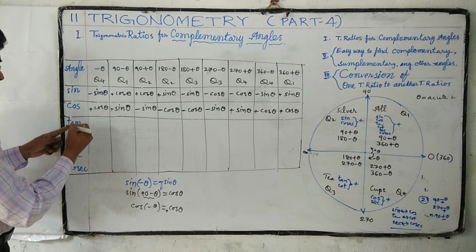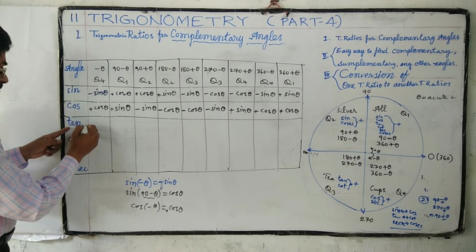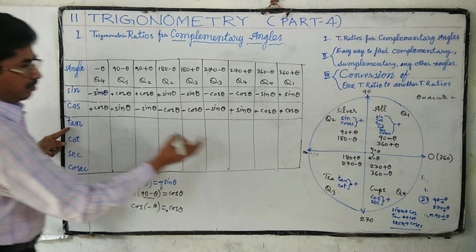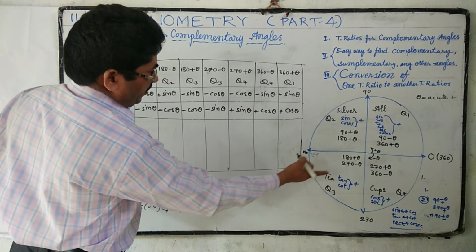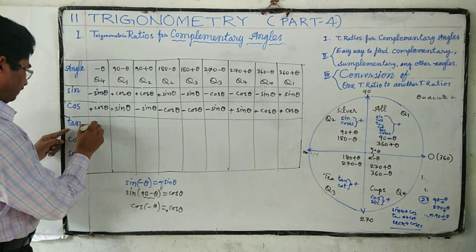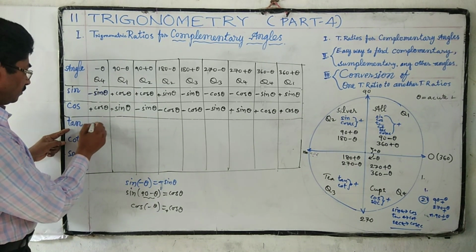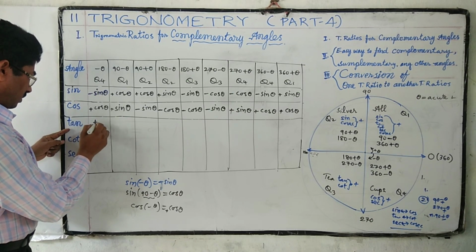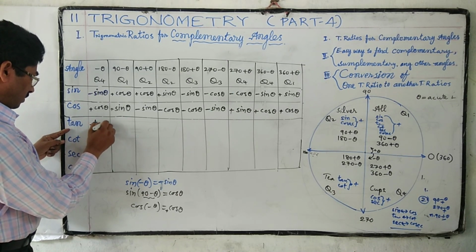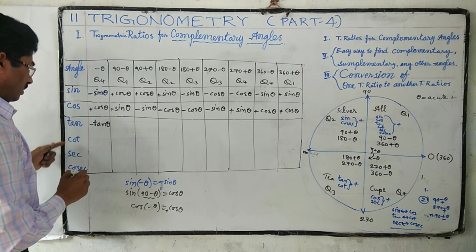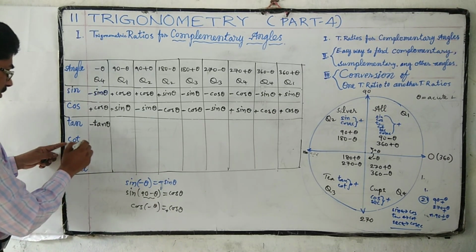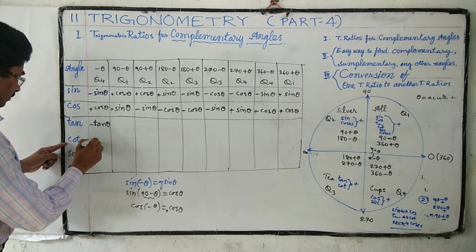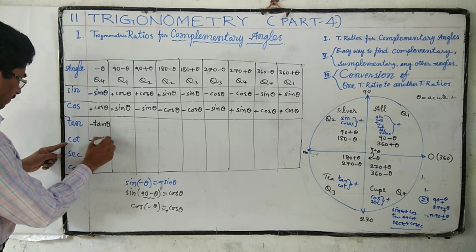Tan minus theta, all silver T cups, minus cot, also minus cot theta.